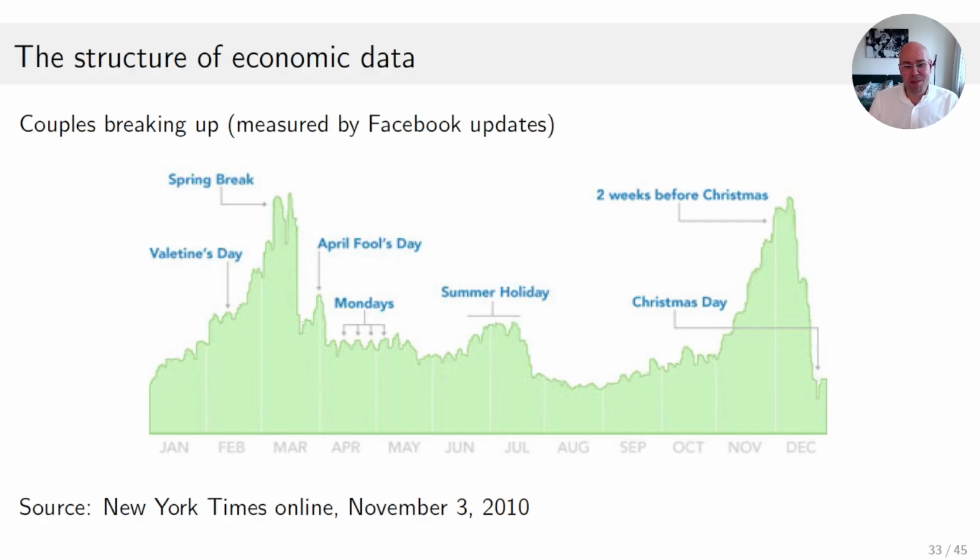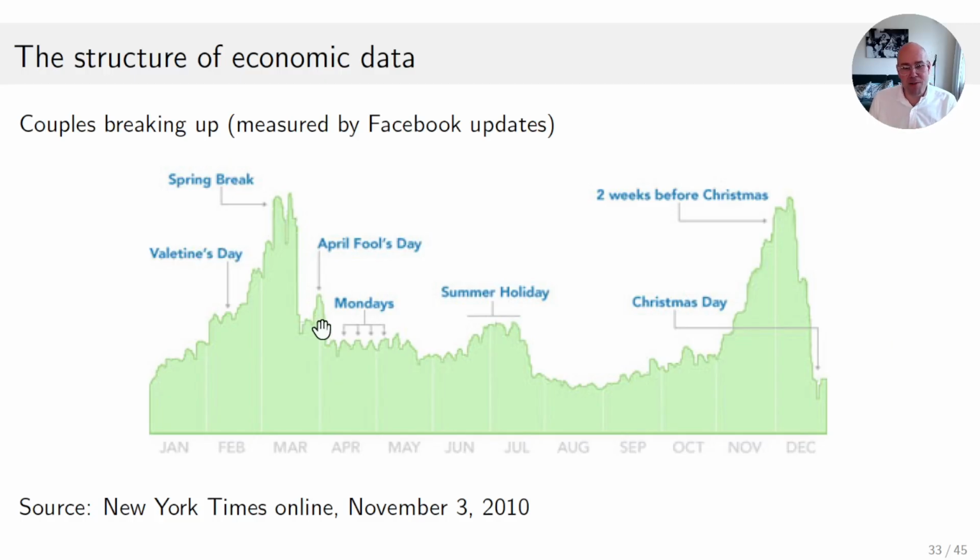Another example is the number of couples breaking up measured using Facebook updates. So this was in the New York Times in 2010. So here you see for 1 year, for each point in time, the number of breakups, right? You see that there's a sort of seasonality within the week. More breakups on Mondays, a bit more in the summer holidays, a bit more on April Fool's Day.